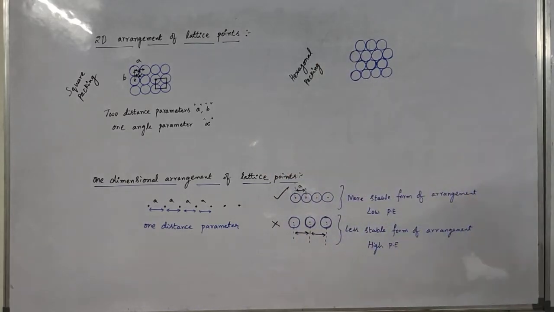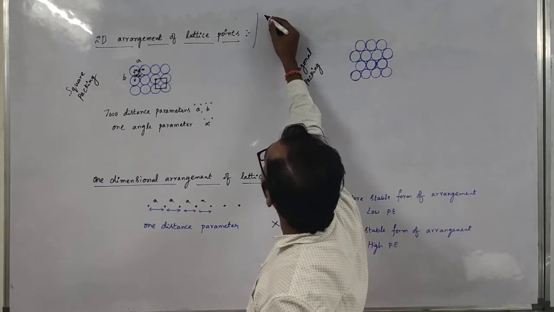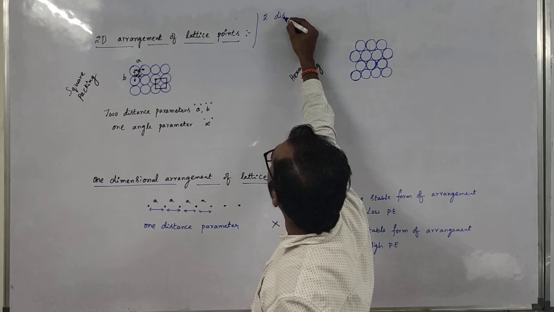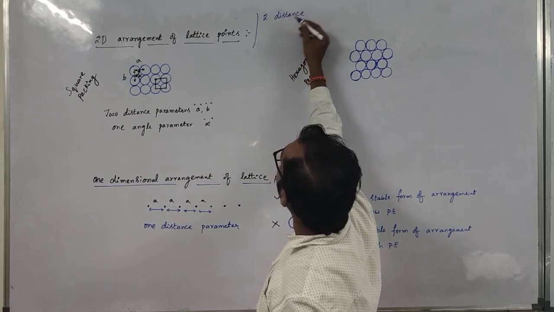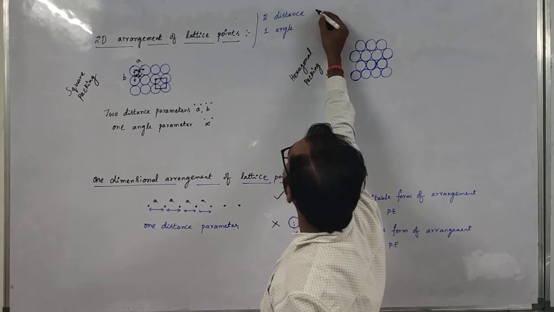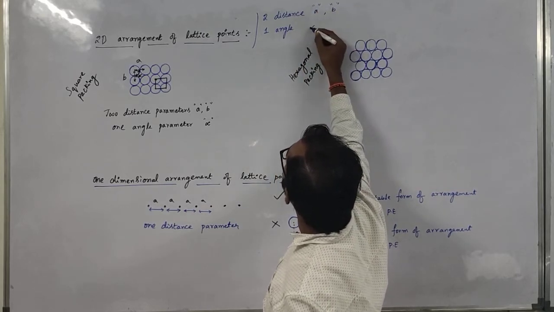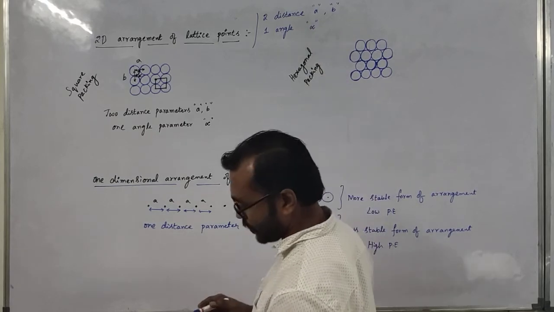We call the other one hexagonal pattern, hexagonal packing. Here also I require the same 2 distance parameters and 1 angle parameter. So for any two-dimensional arrangement, I require 2 distance parameters A, B and 1 angle parameter, alpha. That is sufficient.